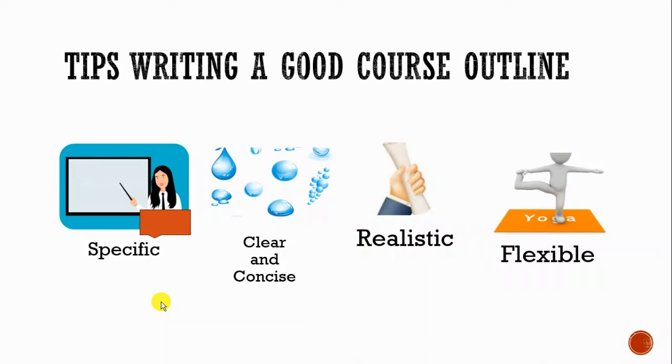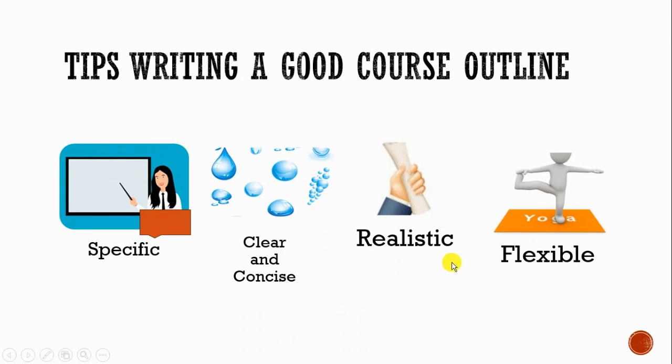So that makes your course outline specific. Again, they need to be clear and concise. That means it should be easy to read and understand. So ensure your course outline is easy to read and understand.